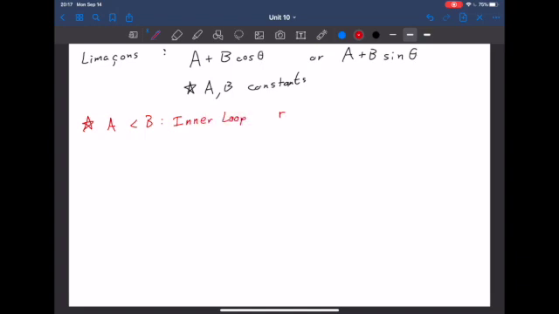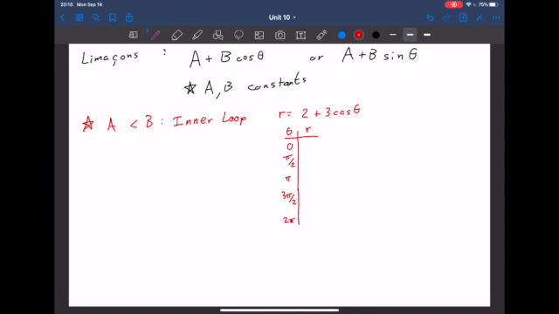So my example graph for this, and you should take a second to try to graph those same key points, is 2 plus 3 cosine theta. So notice how B, the 3, is bigger than the 2. So graph those same key points: 0, pi over 2, pi, 3 pi over 2, and 2 pi.